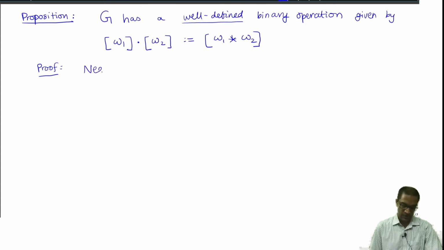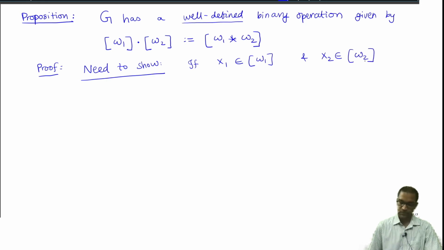So it's not a priori clear what happens if I change my representative. So here's what we will need to show. What if I pick different representatives? So if x1 is another representative, it belongs to this equivalence class, okay, and I pick a different representative x2 from the equivalence class W2. I.e., instead of taking W1 as my representative, I am thinking of x1 as my representative of that class, and similarly for W2.